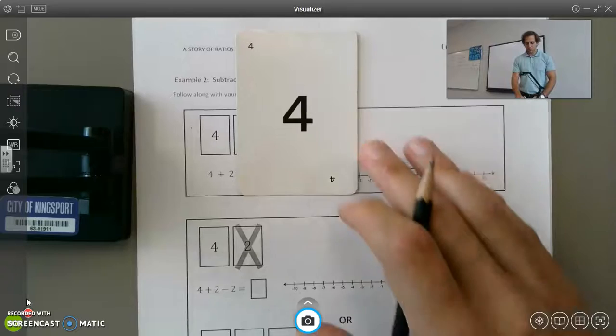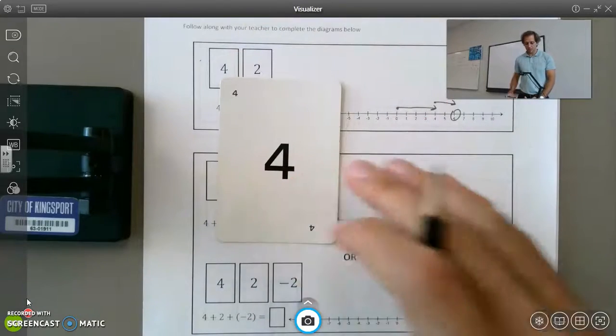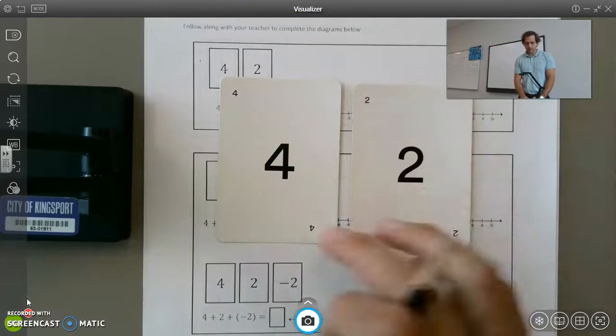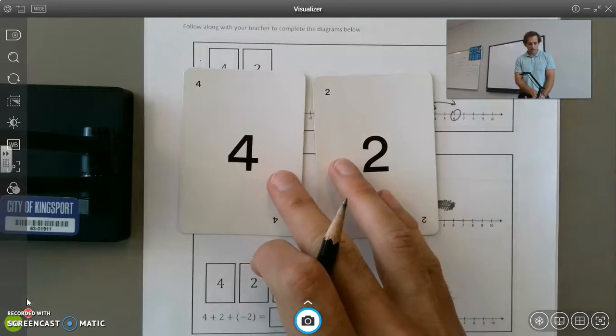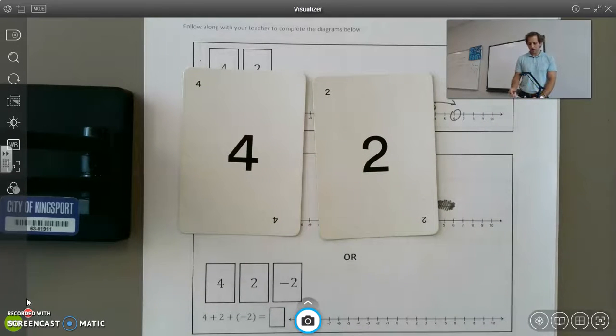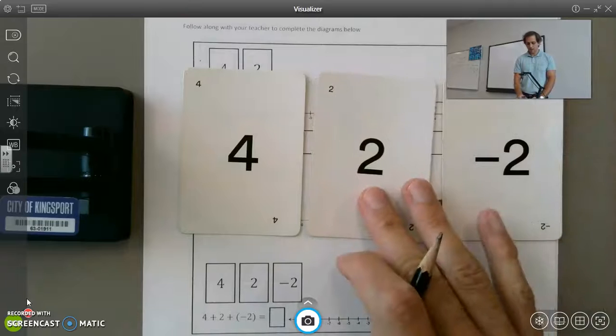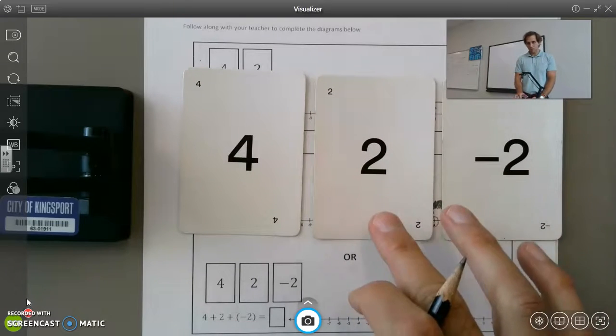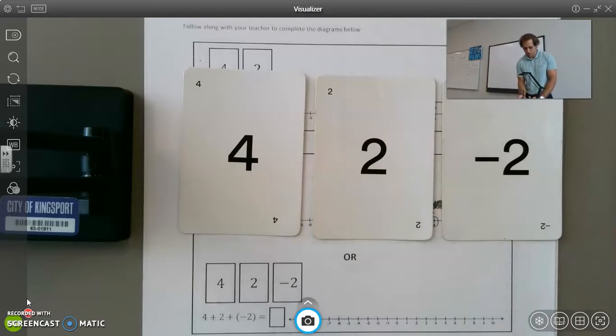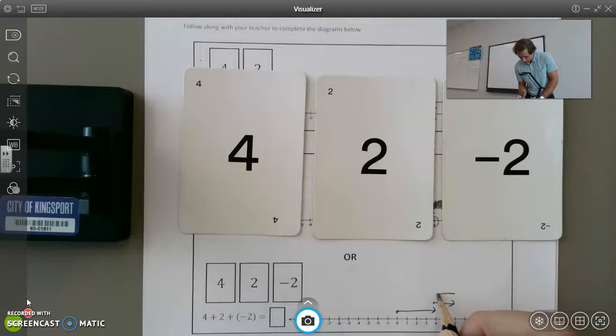Let's look at another thought though. What if I had that 4 and that 2, and instead of taking the 2 away, I'm going to add a negative 2. So instead of subtracting 2, I'm going to add negative 2. Well, let's look at what that does. 4 plus 2 plus negative 2.